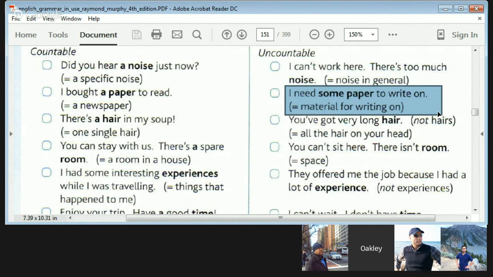Words that express the idea of material are always uncountable. So that can be confusing because we have paper, the material, a paper, a newspaper. Glass, okay? My windows are made out of glass. Well, of course they are. That's uncountable.